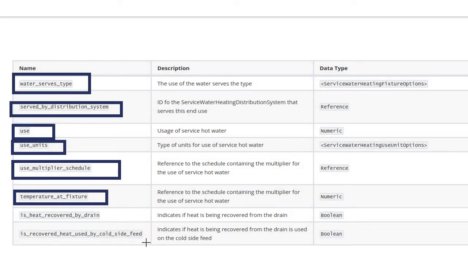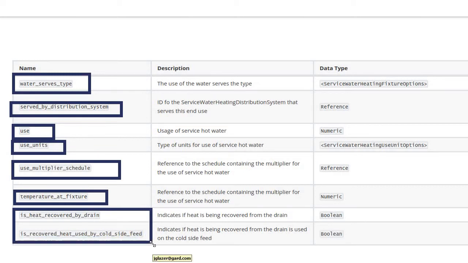And then the next two items have to do with heat recovery. For some standards, there may be a requirement for heat recovery at the drain. The first one indicates whether there is a system for heat recovery in the drain, and the second Boolean describes whether it's being used to feed the inlet water from the cold side.